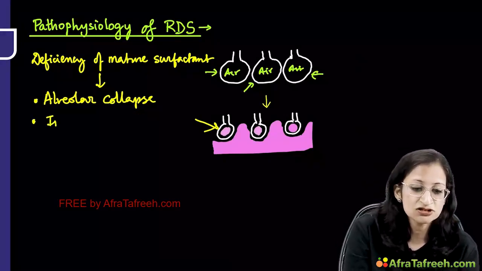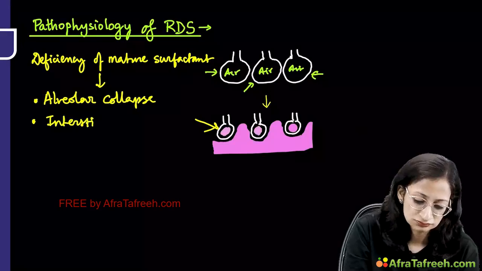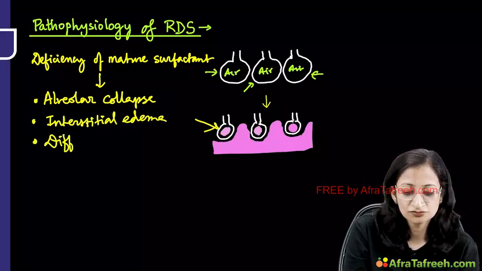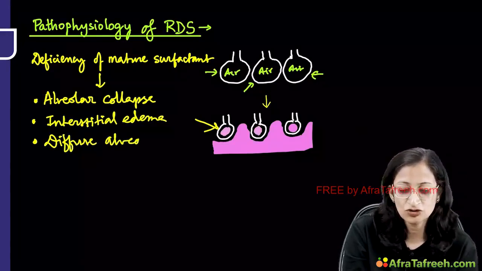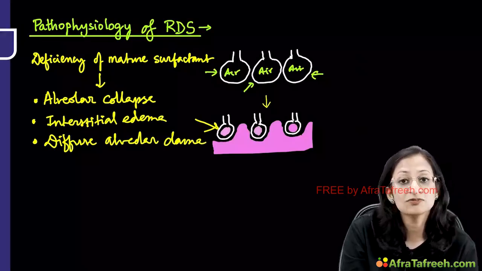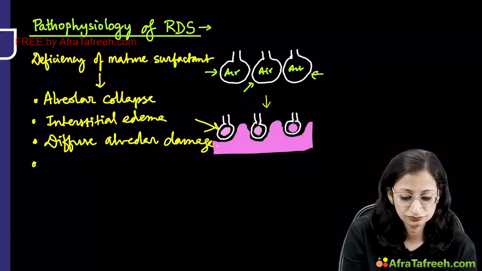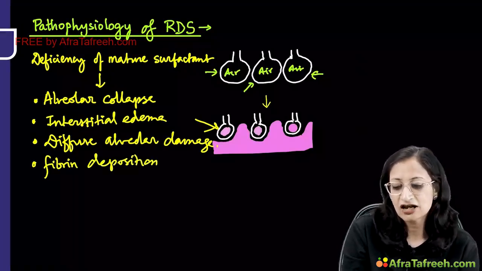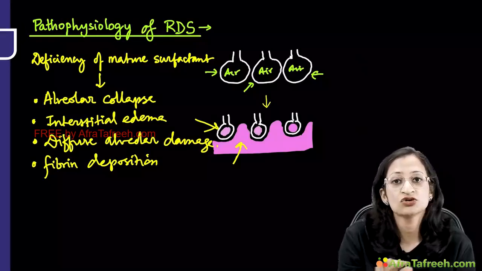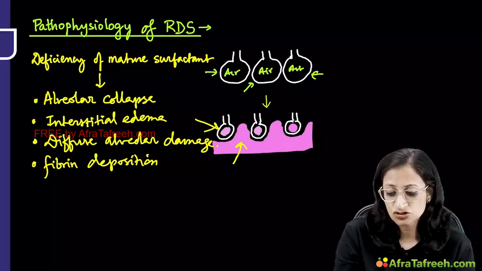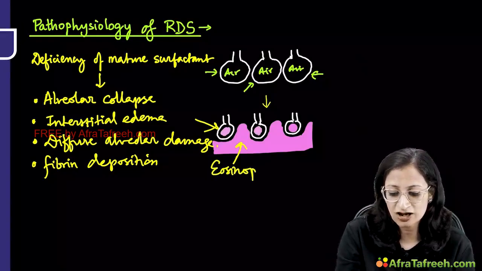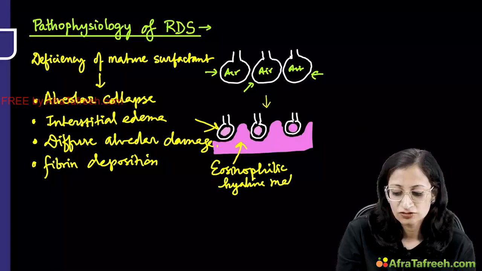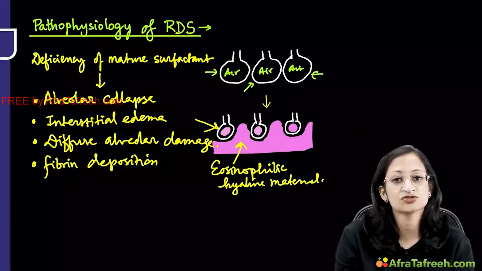So there will be interstitial edema, diffuse alveolar damage, alveolar wall damage, and there will be fibrin deposition, right? And that is why on lung biopsy, you can see this eosinophilic hyaline material in respiratory distress syndrome.